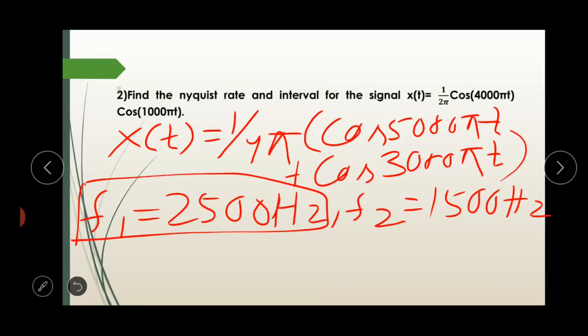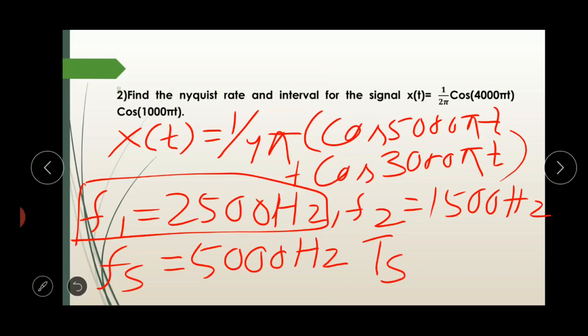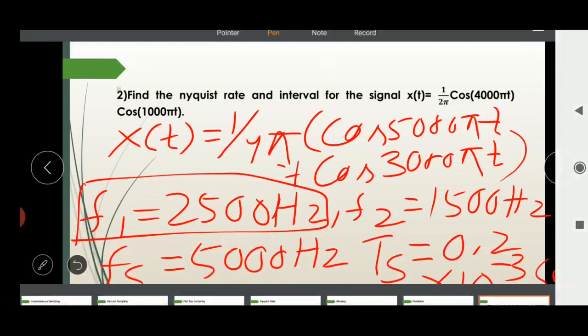So the Nyquist rate fs equal to 2 fm, meaning 2 into f1, that is 5000 Hertz. Okay. Then the Nyquist interval means 1 by fs, so 1 by 5000 equal to 0.2 into 10 to the power minus 3 second. Okay.